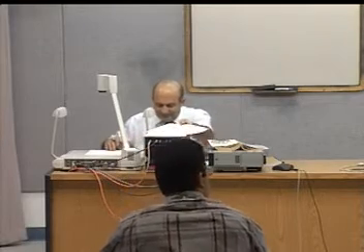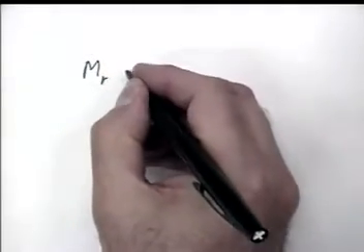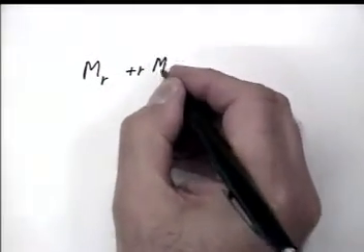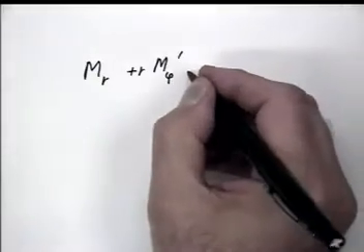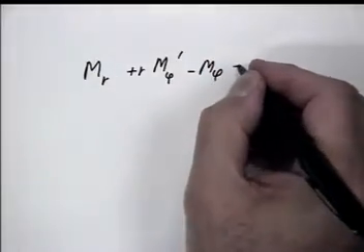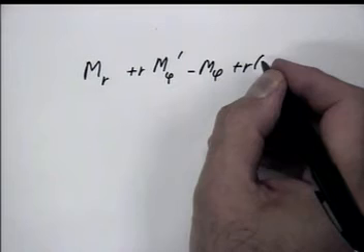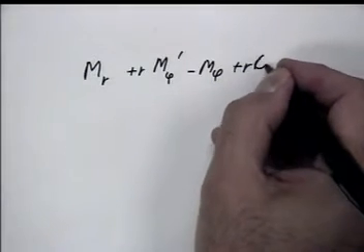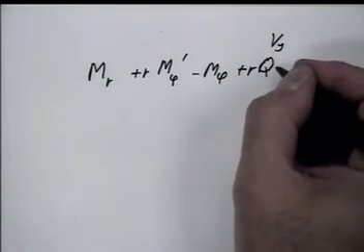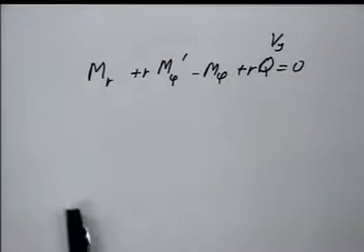And this complex expression is like this. I will write it down. mr plus r m phi prime minus m phi plus r Vy or Q, that is this Vy, equals 0.